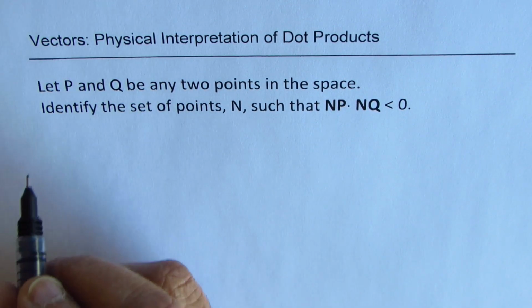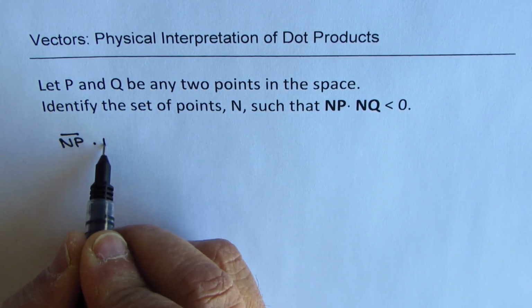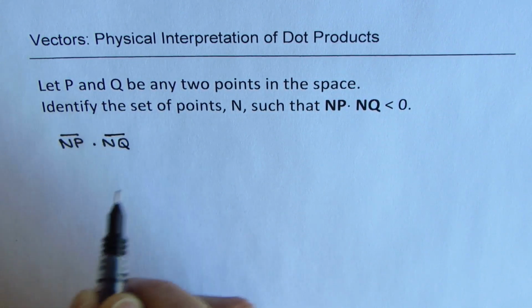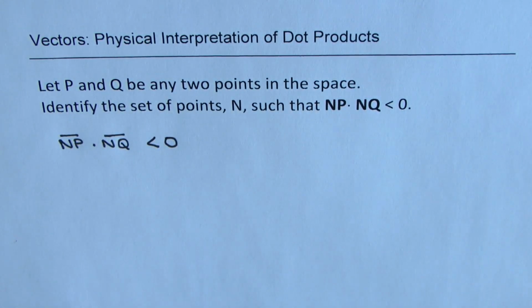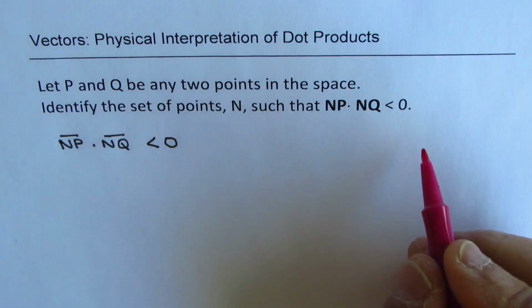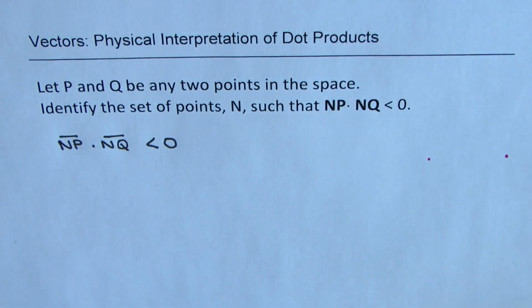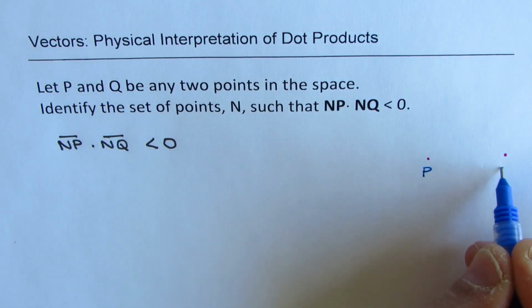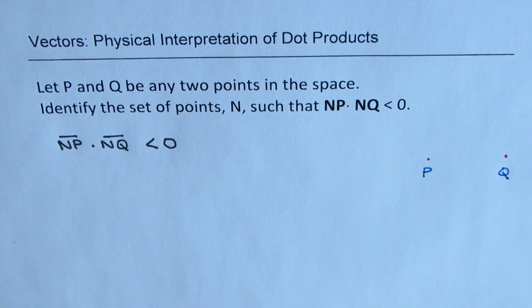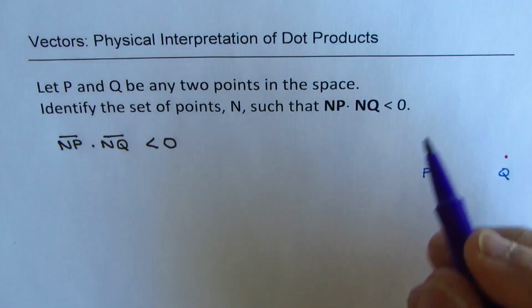Well, we have to show that NP dot NQ is less than 0, right? And we are given 2 points P and Q in the space. Let us say these are our 2 points P and Q. So let's take another point N in the space.